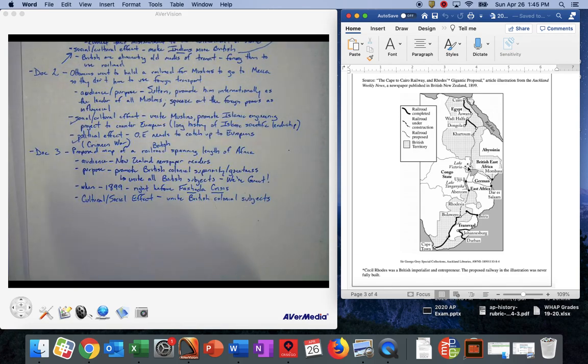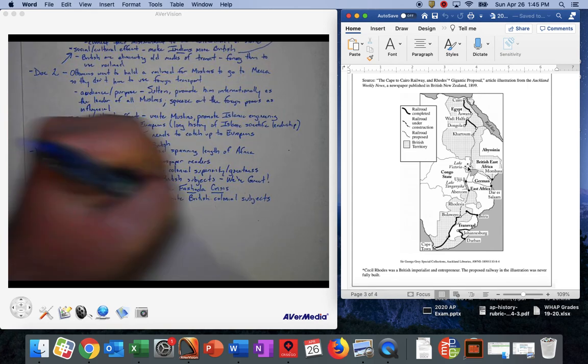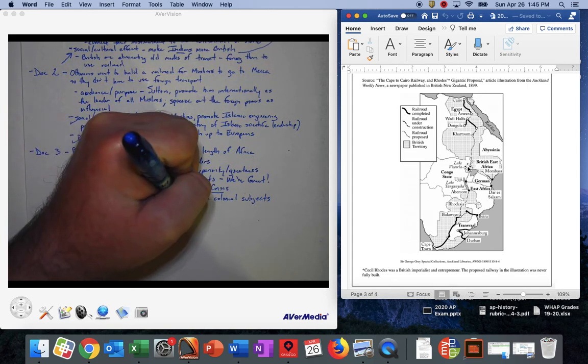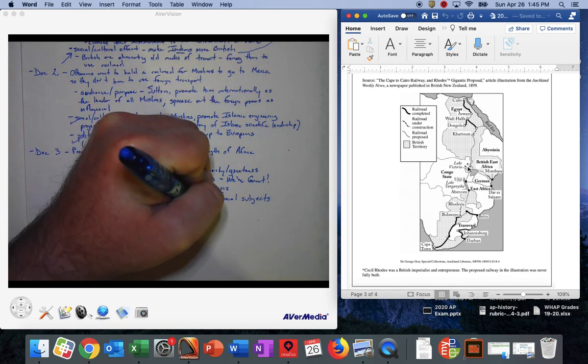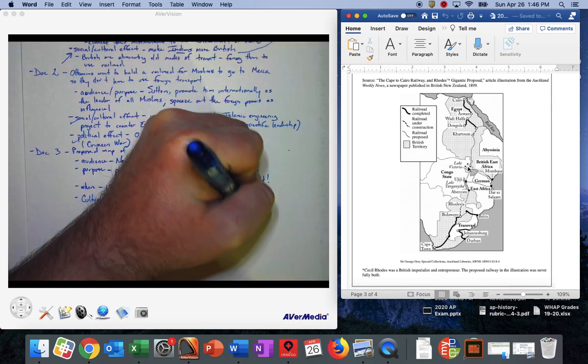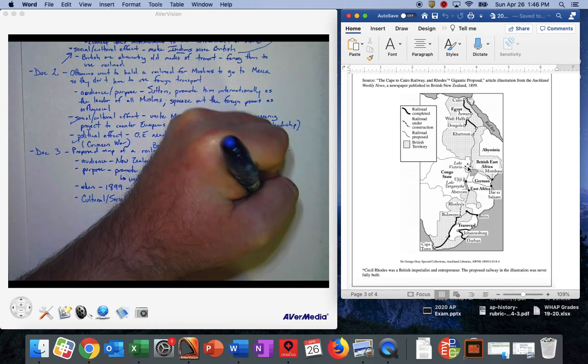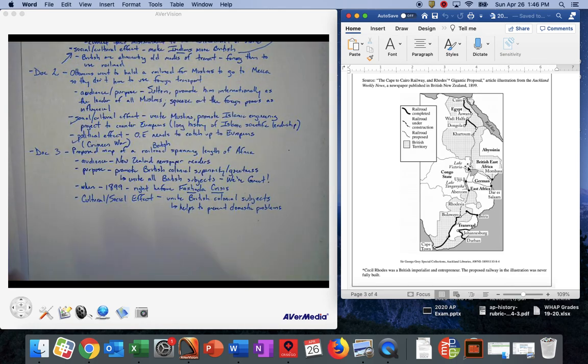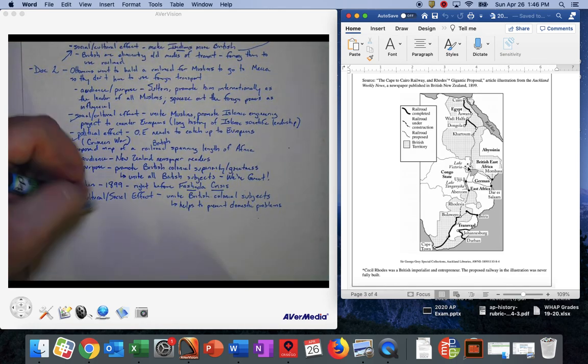That's the effect. That's what we're trying to do here. Remember that doing this also helps to prevent domestic problems, which also kind of leads into our political effect.